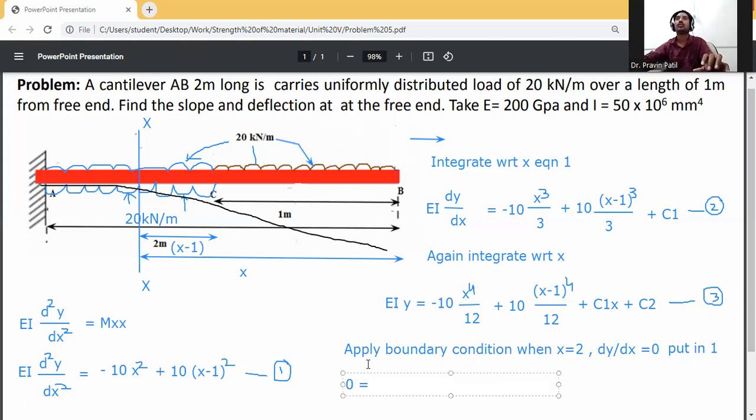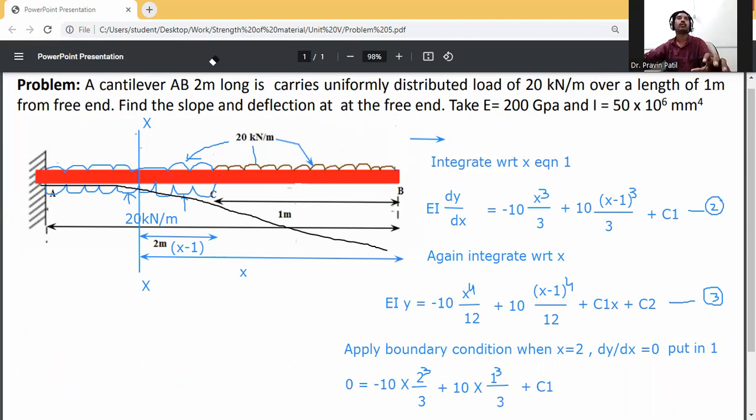So 0 is equal to minus 10 into 2 cube divided by 3, then plus 10 into (2 minus 1) cube, which is 1 cube divided by 3, plus C1. From this relation we get the C1 value.